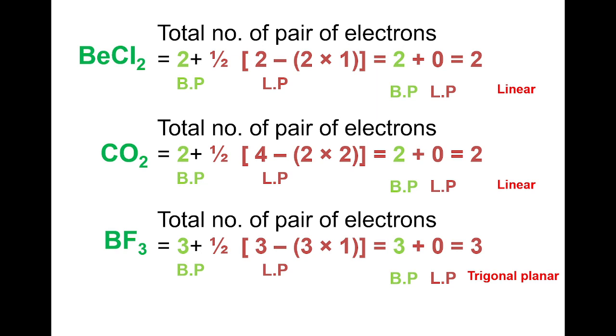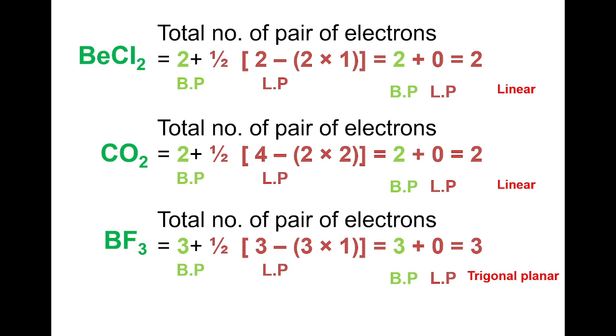So in this way you have to predict the shape of the molecule. First you have to identify which one is the central atom and what the surrounding atoms are. The number of surrounding atoms is equal to the number of bond pairs of electrons. Then half of the outermost electrons of the central atom, here beryllium, carbon, boron.